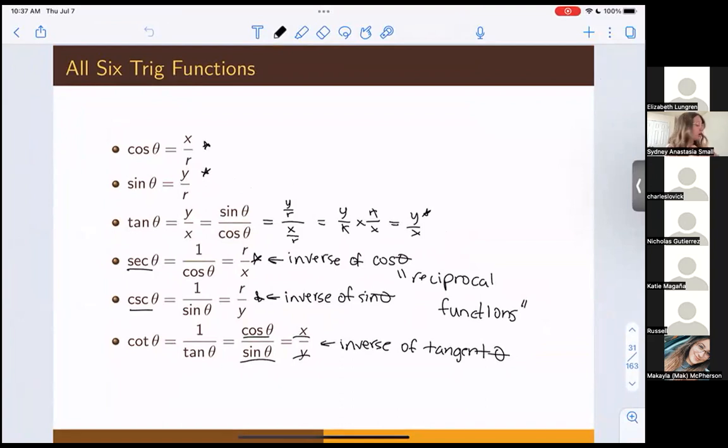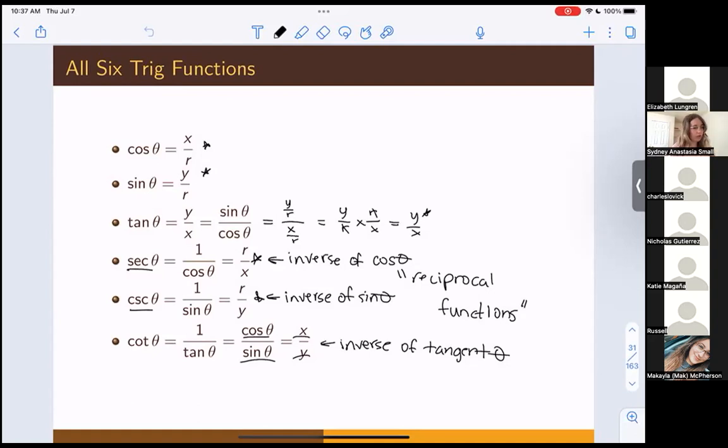But the new ones we're going to talk about today, and that I briefly defined yesterday, are secant, cosecant, and cotangent. Essentially, these are the inverses of the first 3. We call them reciprocal functions. And reciprocal just means we take a fraction and we flip it upside down. That's all a reciprocal is. So that's why these are reciprocal functions. Secant is the inverse of cosine.